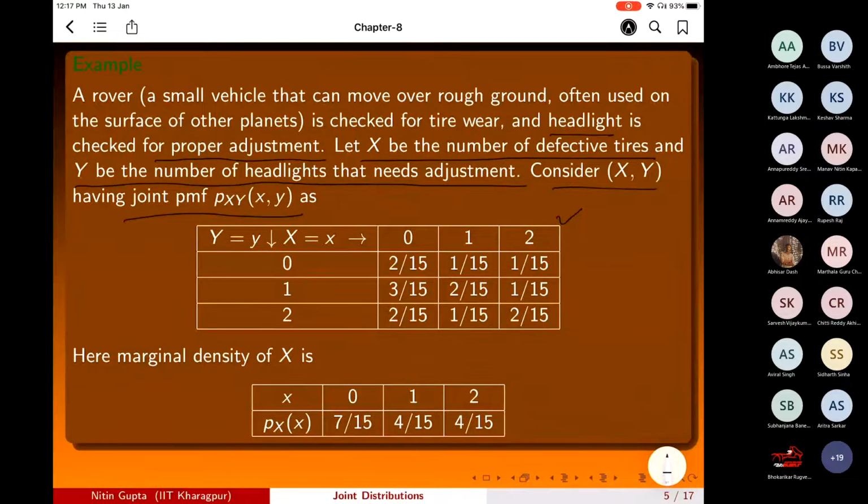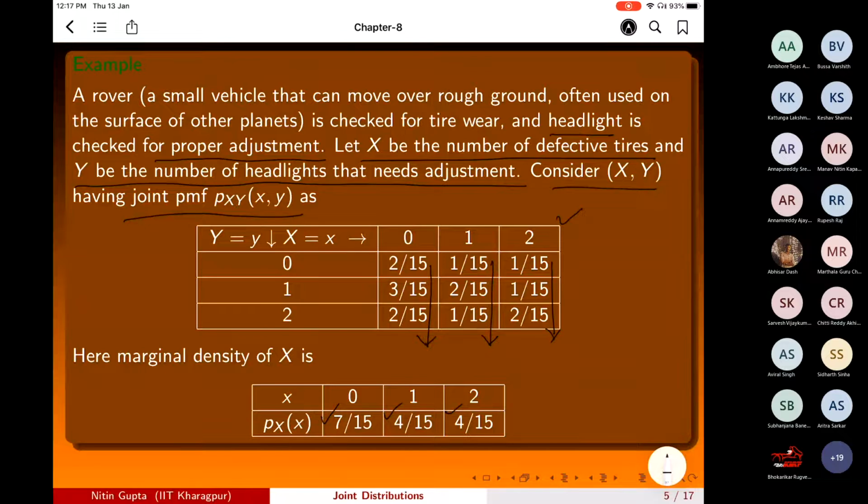Okay. Then the marginal density of X: you sum this value, you will get the probability X equals 0, which is 7/15. Sum over this, you will get 4/15. Sum here, you will get 4/15.